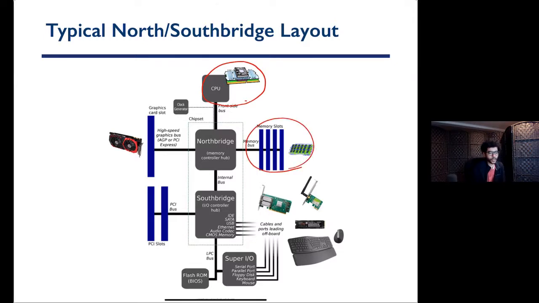Now, the memory has a memory bus and a memory controller. So this guy is a memory controller. Everybody, including the CPU, sends their memory requests to this memory controller. Now, you also have an I/O controller, which you connect all your I/O devices to. And then there's a bus between the I/O controller and the memory controller.